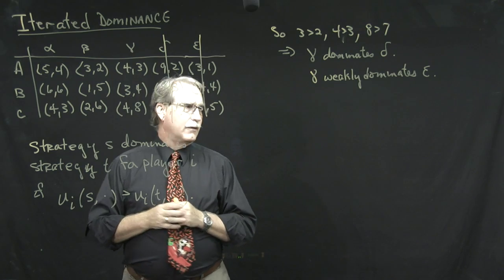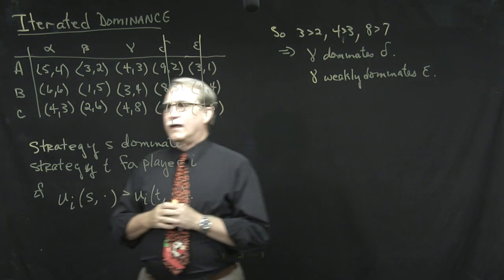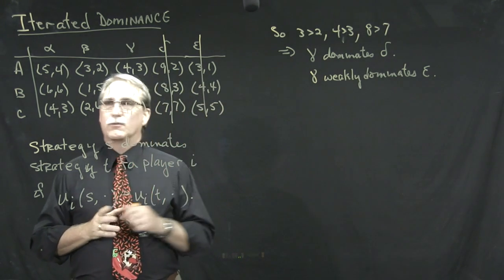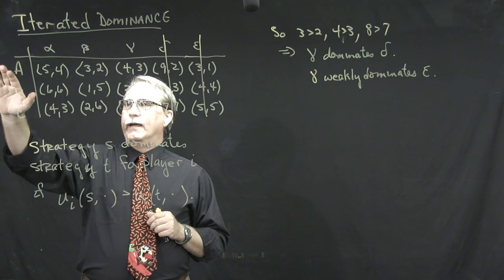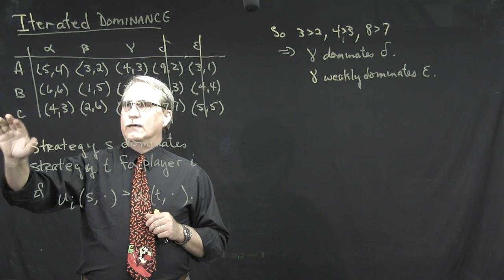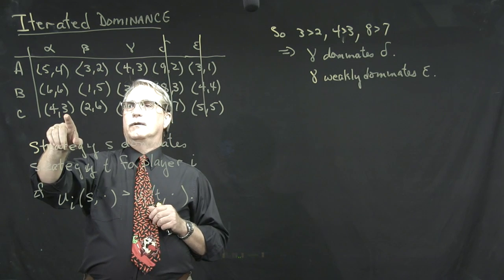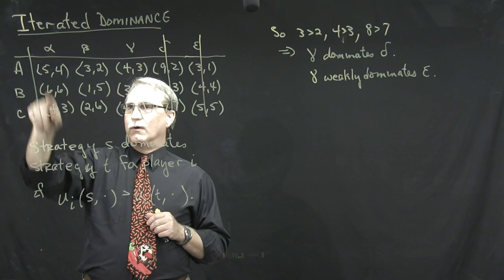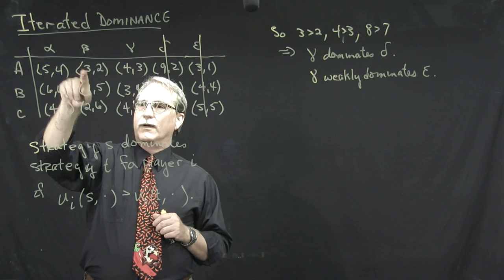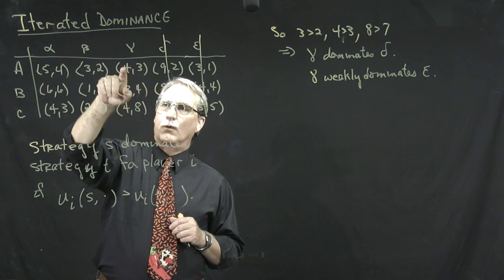Now, having eliminated those two columns, we look at what we have left. With those two columns gone, row A dominates row C. 5 is bigger than 4, 3 is bigger than 2, and 4 is at least 4.